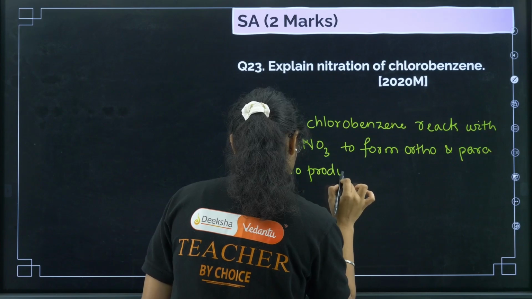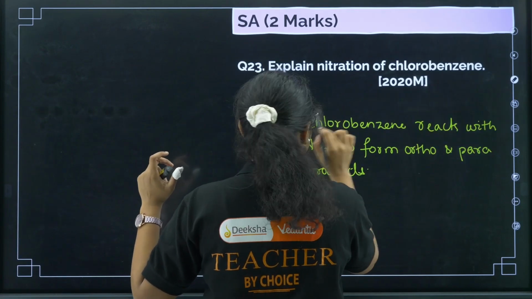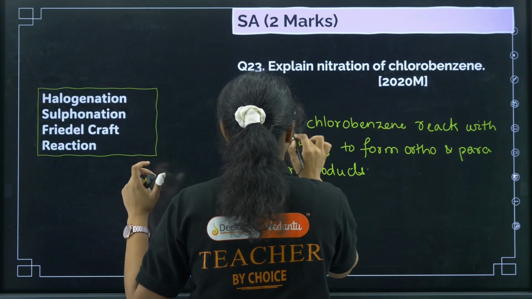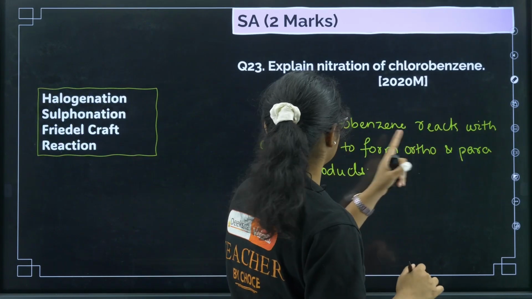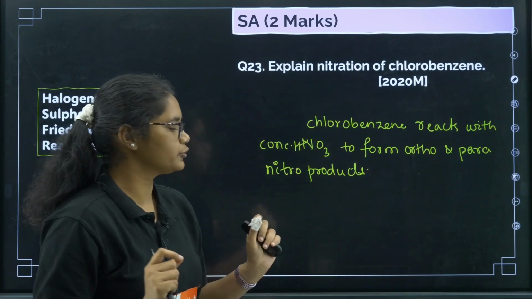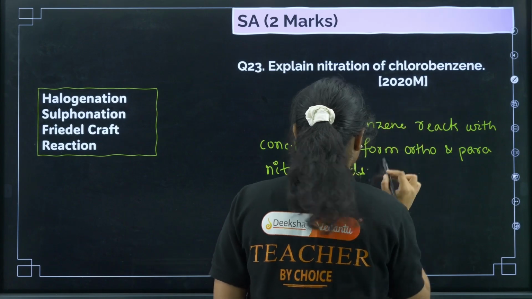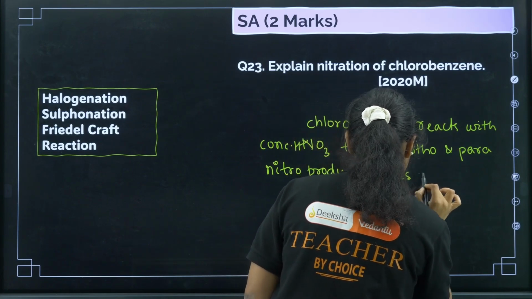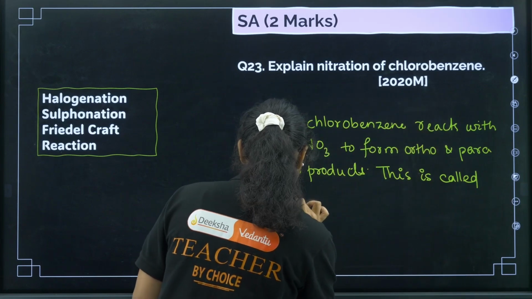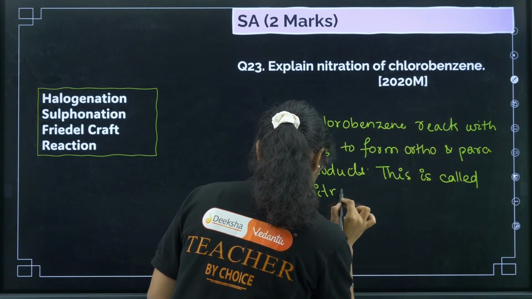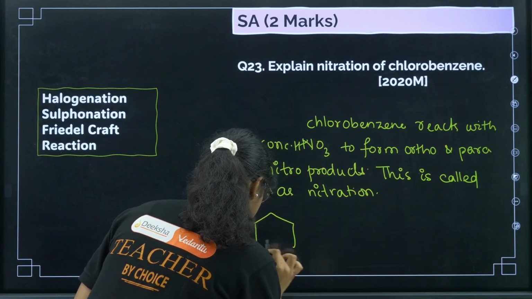You do not have to write 'when', you can write it just like this: chlorobenzene reacts with concentrated HNO3 to form ortho and para nitro products. This is called nitration. That point you need to write, and then you have to write the reaction.